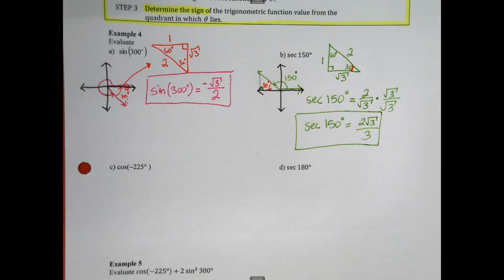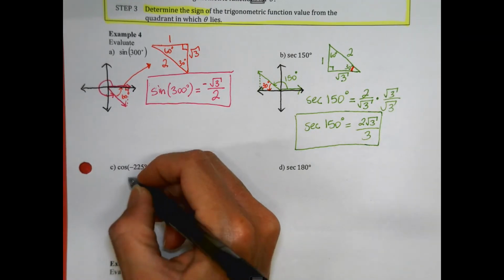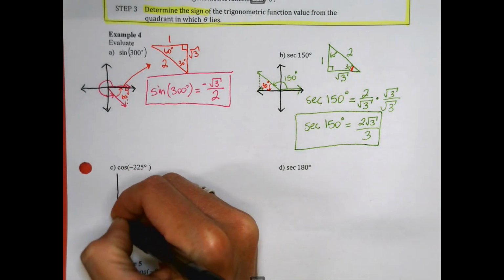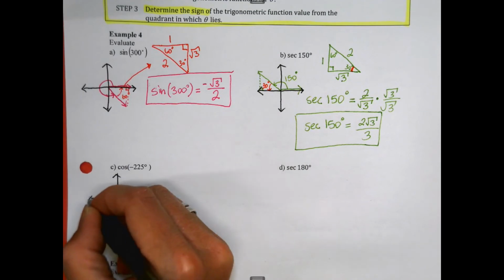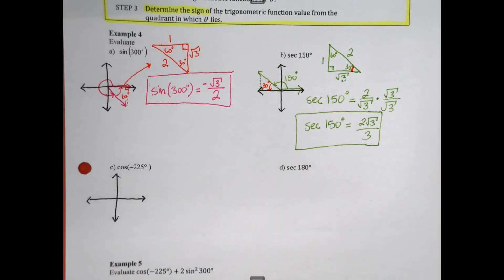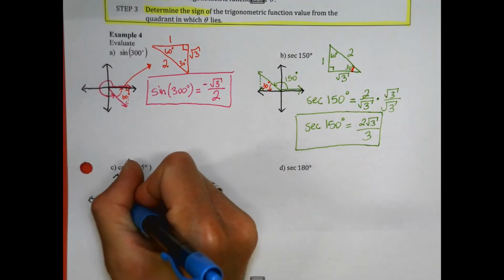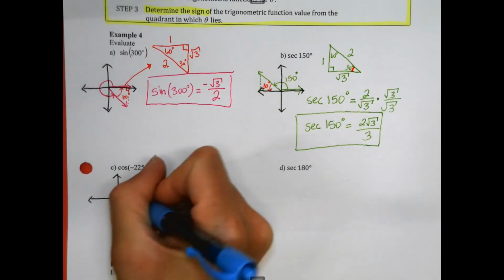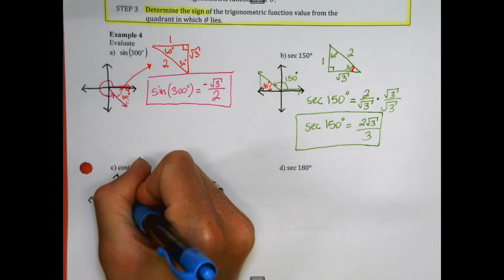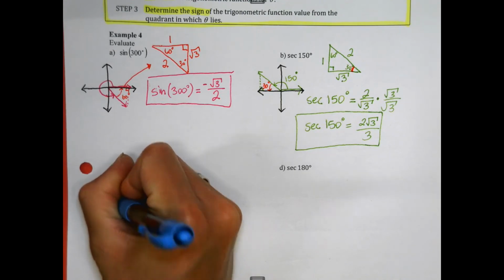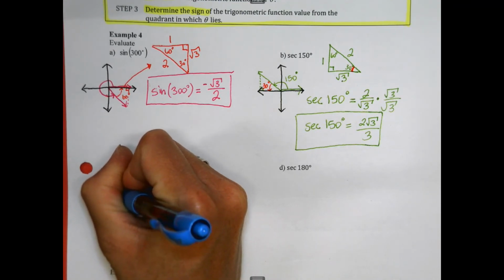Cosine of negative 225 degrees. Our angle is going to start on the positive x-axis, and then it's going to rotate in the clockwise direction and end in quadrant number 2.